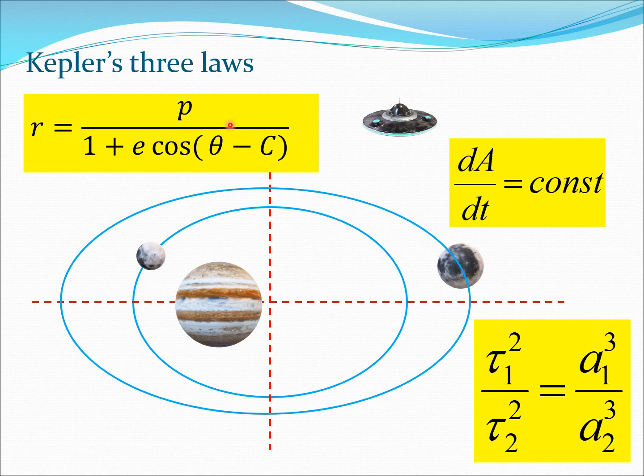And remember, k square is capital G into capital M. That's where the gravitational constant comes in, and also the mass of the planet comes in. So P is the place where the physics enters into the mathematics for this particular problem. So I have put a spacecraft here, or a flying saucer, just to show that these laws are valid wherever you are in the galaxy.